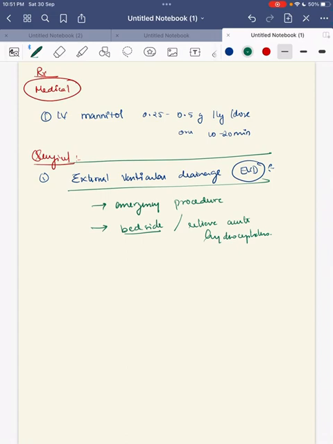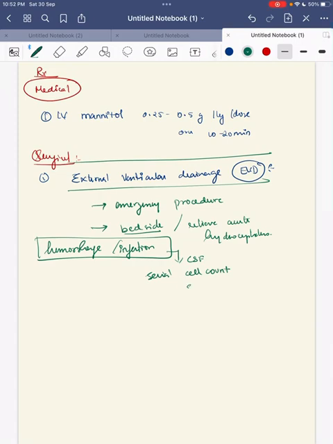I'm not going into a detailed procedure of this EVD. When a child gets acute hydrocephalus due to hemorrhage or infection, you have to do a serial CSF cell count, CSF sugar, glucose, protein and culture.